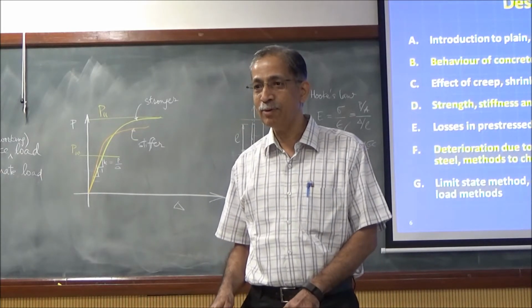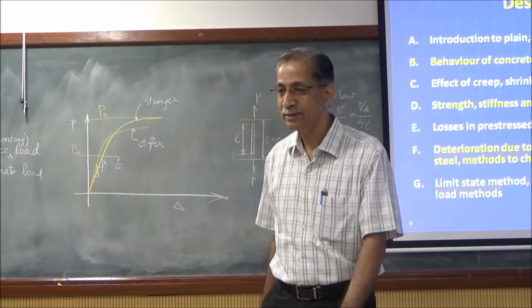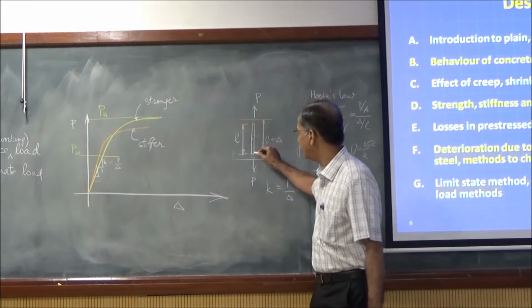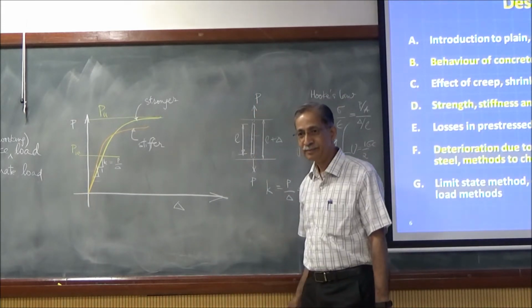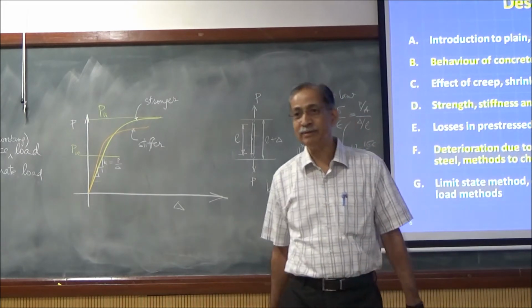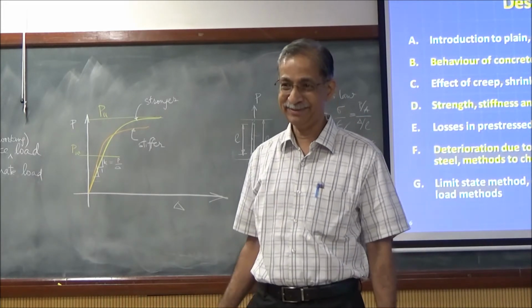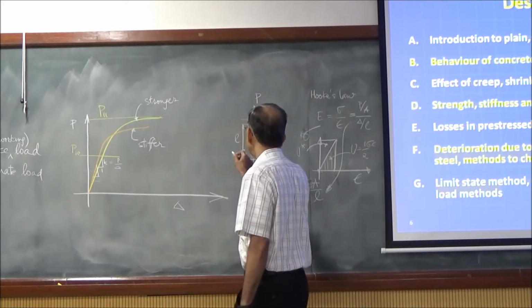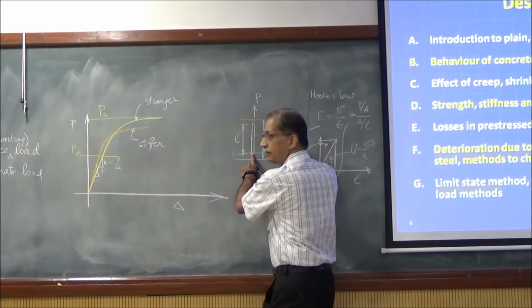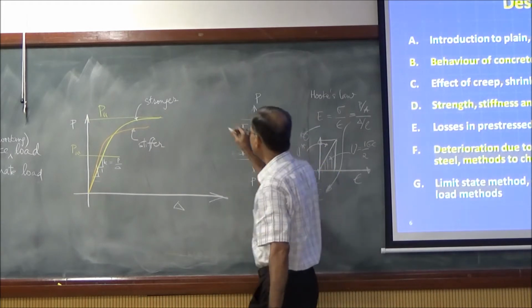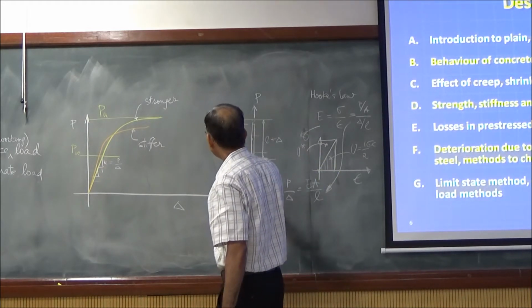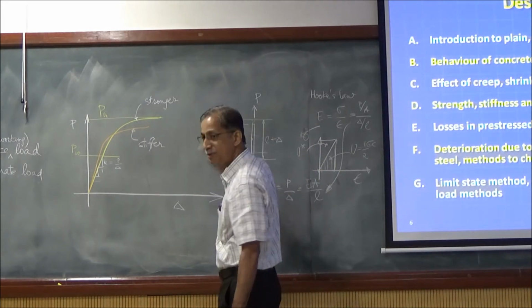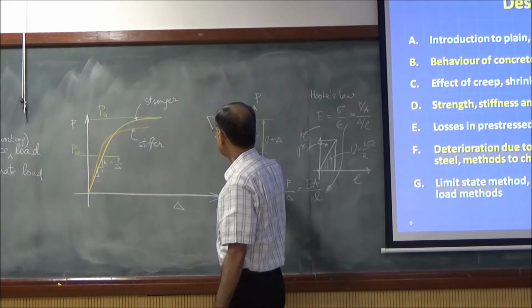So, it follows that the strain is constant from here to here. Now, the displacements depend on boundary conditions. If I were to hold this and pull it, then the strain is constant, but the displacement will take this shape. This is called U.